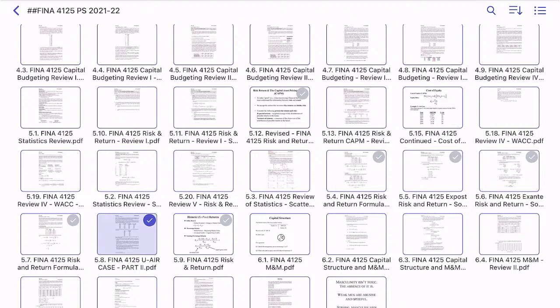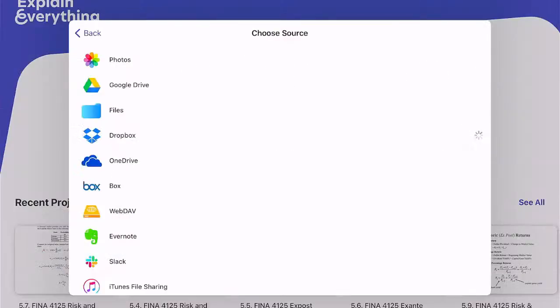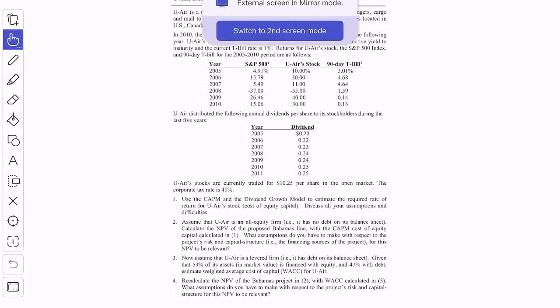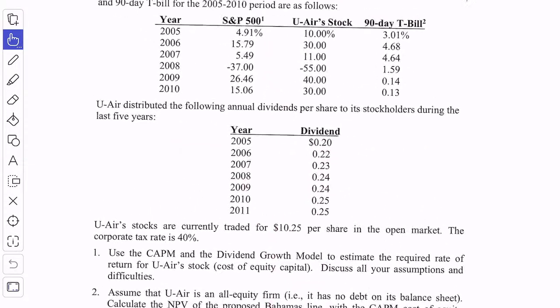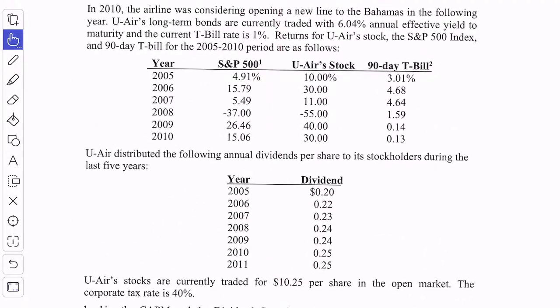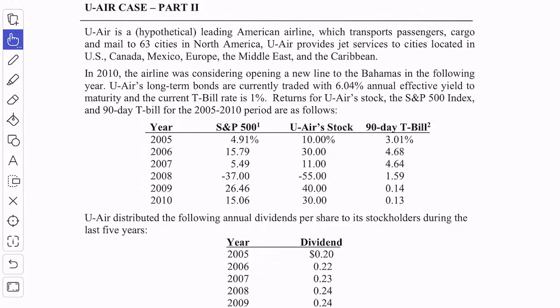Okay, so we're actually going to return to the UR case and handle all this financial data now. And we're going to use it to improve upon the discount rate.